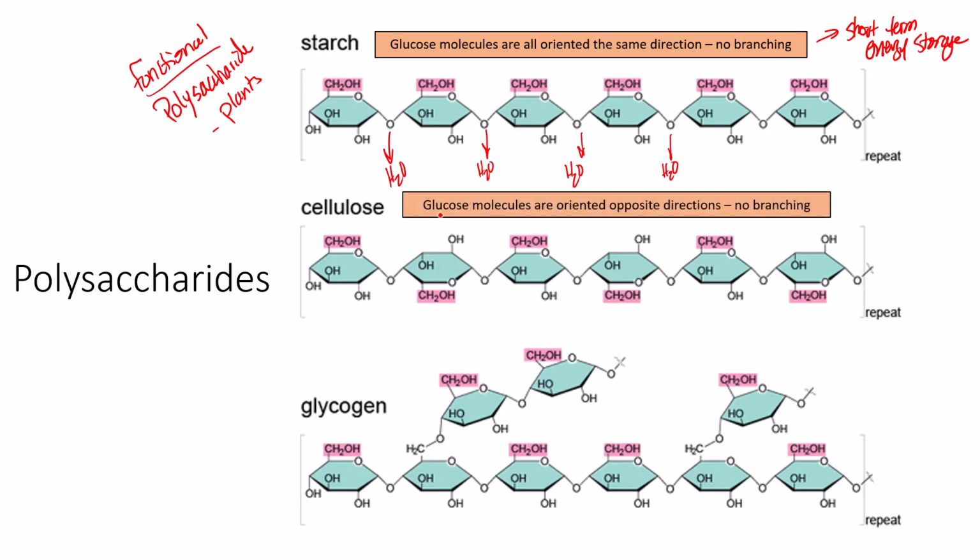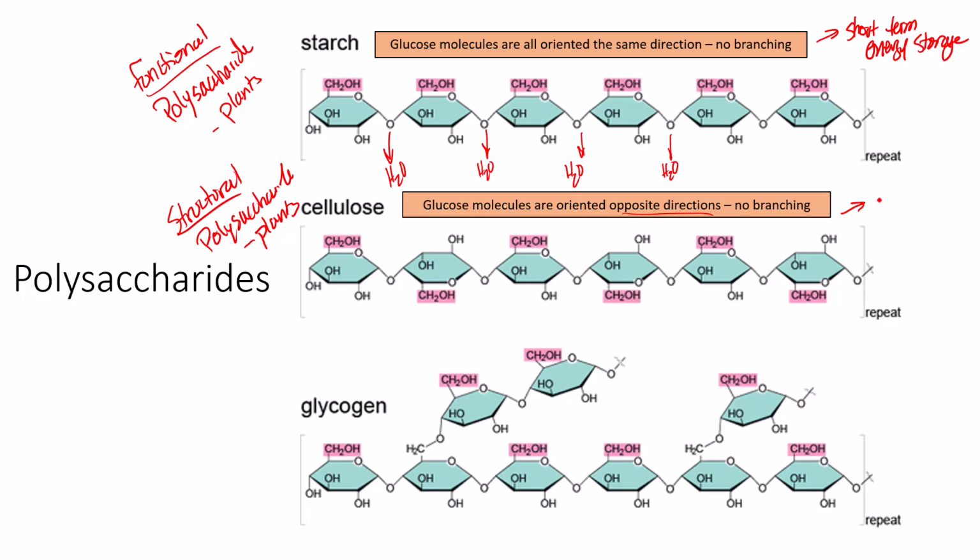Cellulose, on the other hand, is all made of glucose molecules, but they are oriented in opposite directions. There still is no branching, but you'll notice the CH2OH group is oriented in opposite directions, which is different than the conformation they had in the starch. Cellulose is the structural polysaccharide, also found in plants, but the fact that I say structural means it is not used for short-term energy storage.